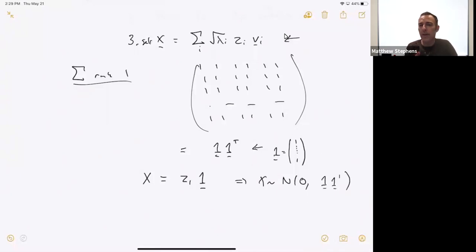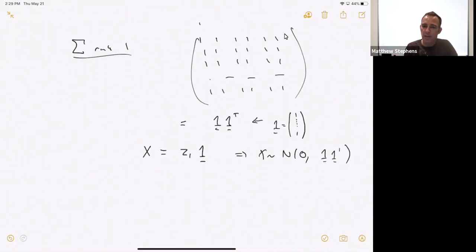So how can you think about this? Even in 1,000 dimensions, if X has this covariance matrix, it is just some multiple of the constant vector of all ones. What's that multiple?